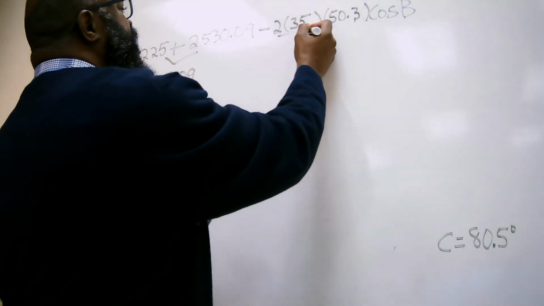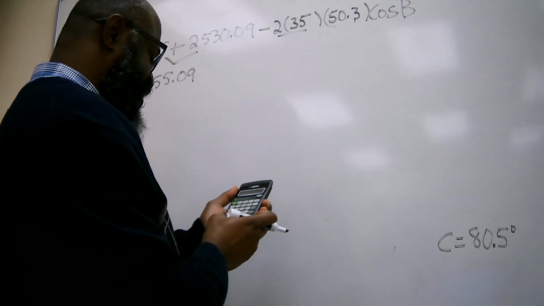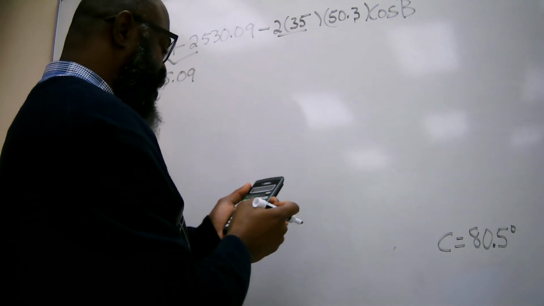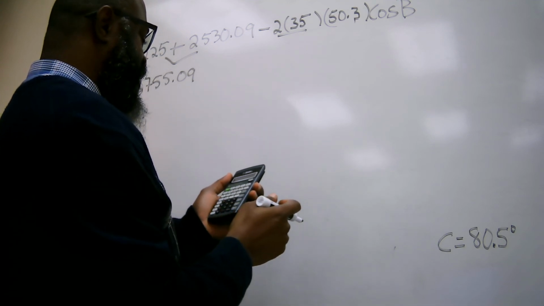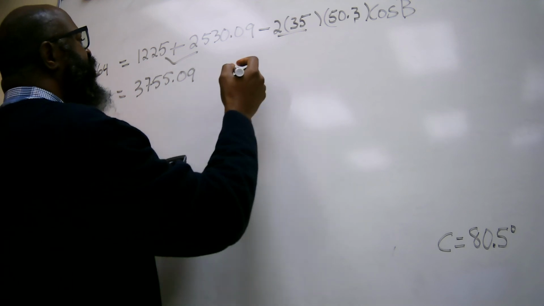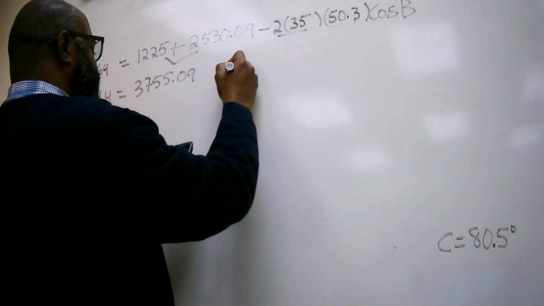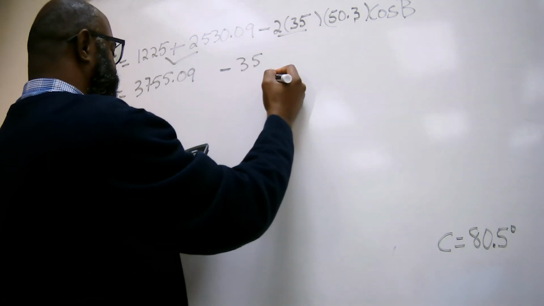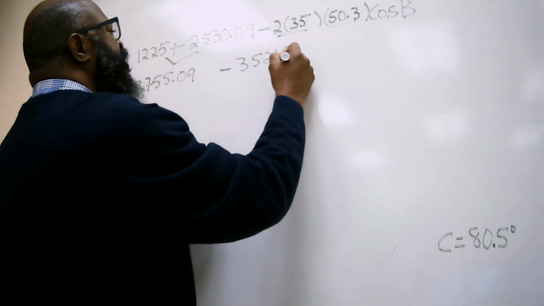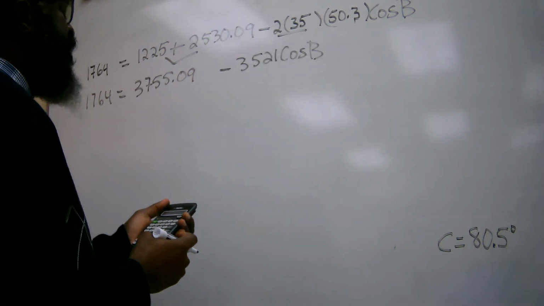I'm going to multiply that. I will have negative 2 times 35 times 50.3, that will give me negative 3,521 cos B.